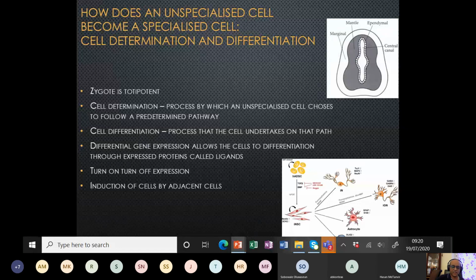That is nothing but a concept of ligands, which will enable cells to come together, to form together, to grow together, but at the same time, they will turn off some of the expressions. Hence some of the neuroectodermal cells will turn off the expression of the cutaneous ectoderm and will not form the ectoderm but will form the neural structures. And some of this is also helped by induction of the adjacent cells. So this is the concept of cell determination and differentiation.